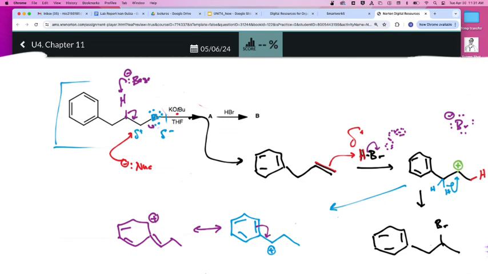Okay? And if I'm going to continue that reaction, I need something to stabilize that positive. What do I have to stabilize that positive? I'm going to have to erase that structure.